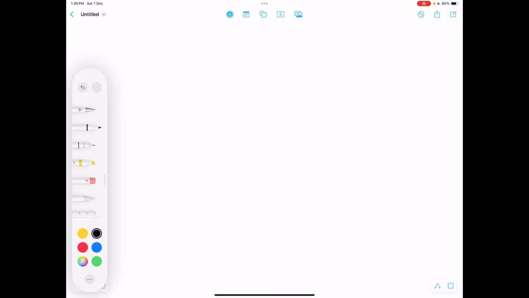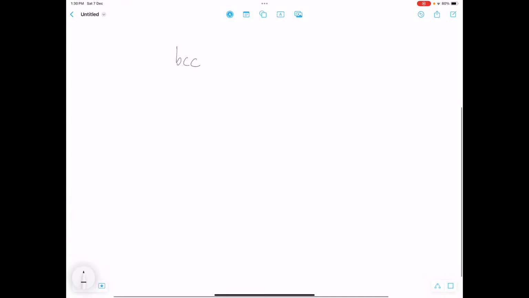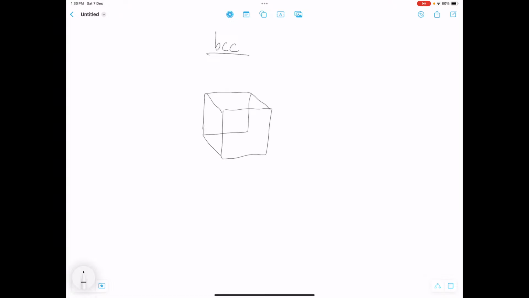The first one is, in a body-centered cubic structure, the space occupied is about. So there is a structure called BCC, body-centered cubic.